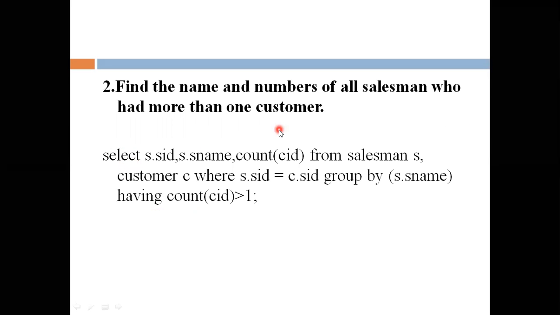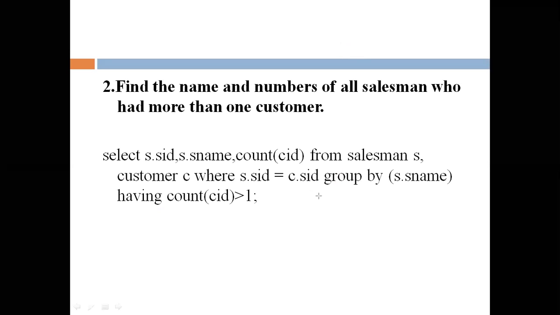Find the name and number of all salesmen who had more than one customer. For this, first I should take salesman ID. So select salesman ID, salesman name, count of customer ID. I'm not giving salesman ID in the count since I need to count more than one customer. So customer ID from salesman S, customer C, where S dot SID equal to C dot SID.